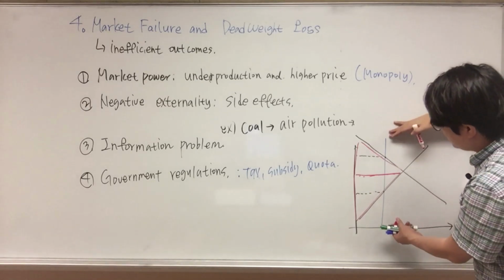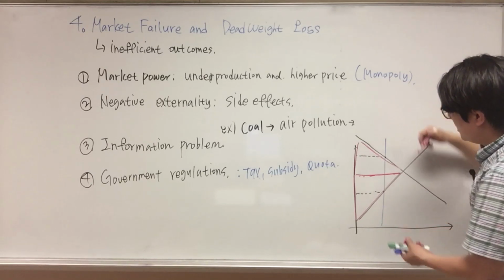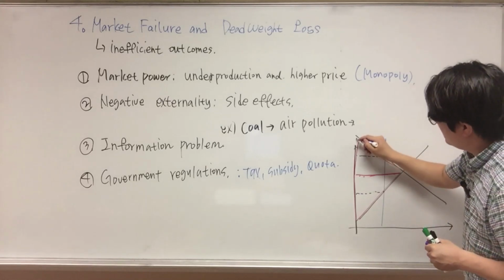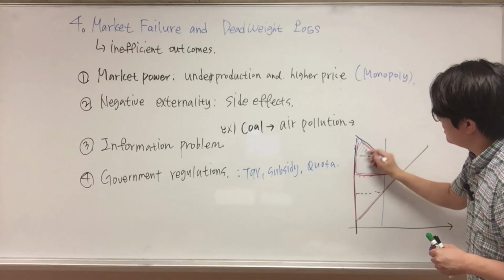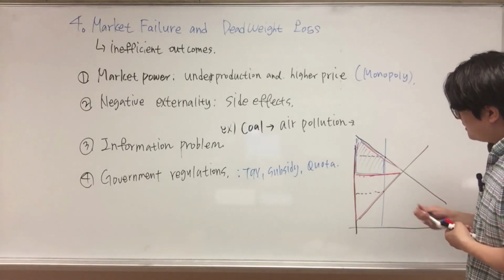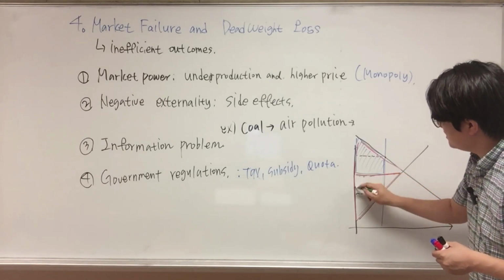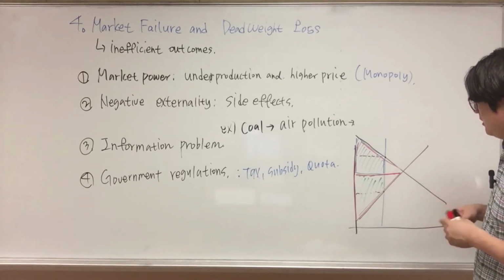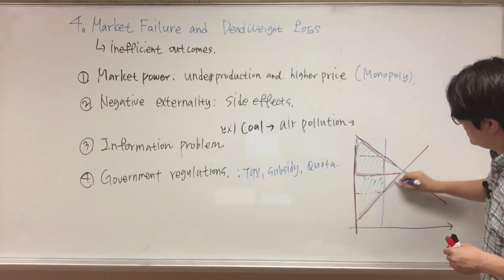But in this case, the government imposed the quota here. So what happens? Consumer surplus becomes less here. At the same time, producer surplus becomes less, like this. Okay. So who can take this amount, this triangle?